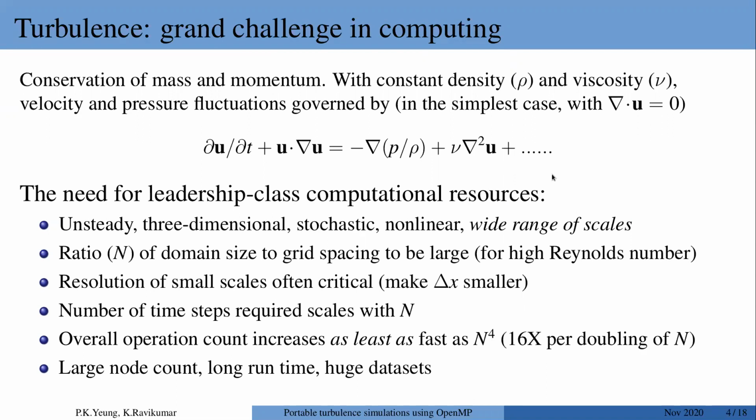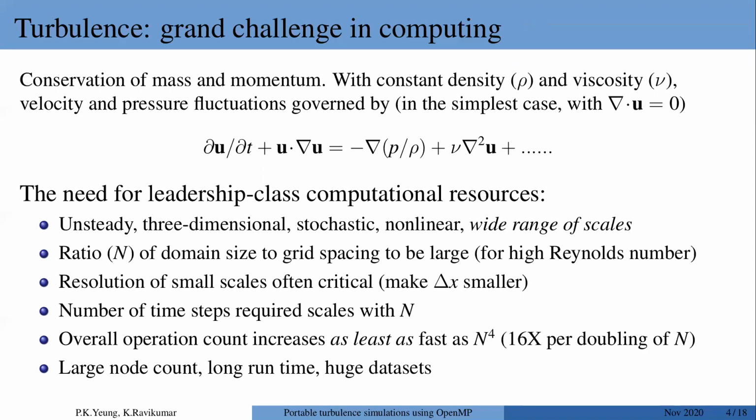We need leadership class computational resources for a number of reasons. The flow is unsteady, three-dimensional, stochastic, non-linear, with a wide range of scales. All of these requirements add up very quickly in terms of the number of grid points that we must have. The domain size and the grid spacing in each direction for high Reynolds number turbulent flows must be very large.